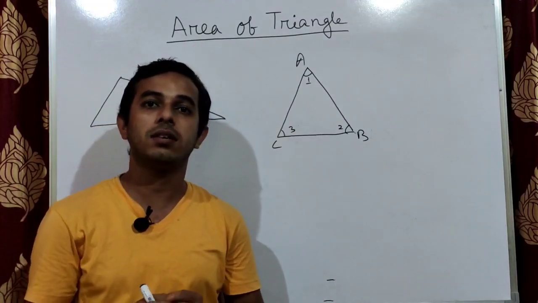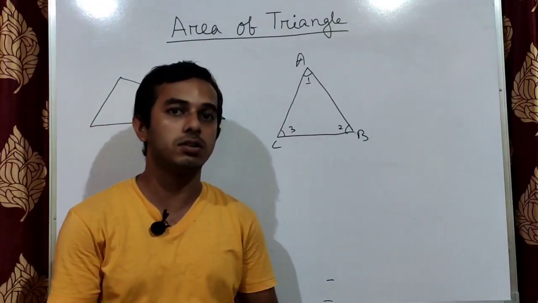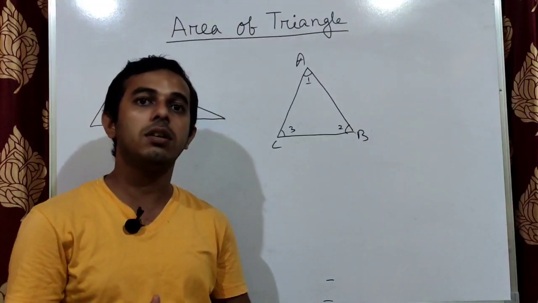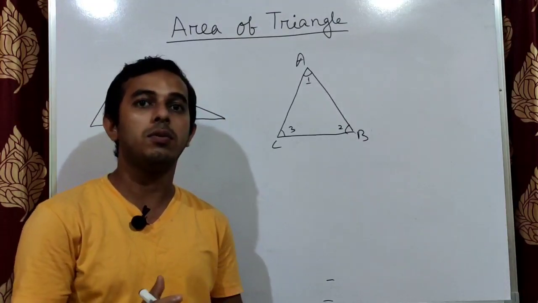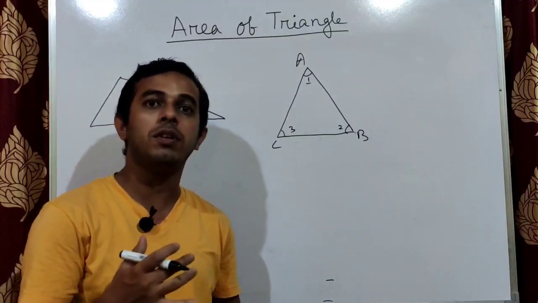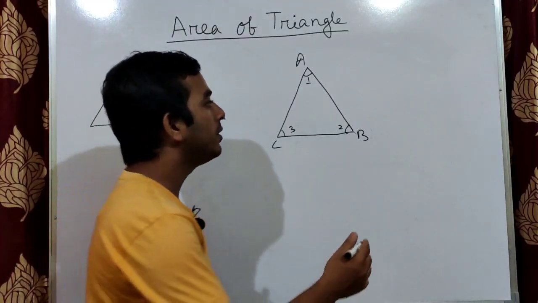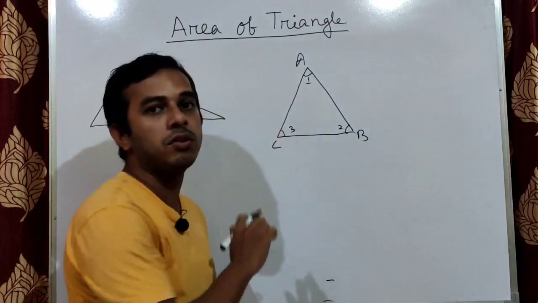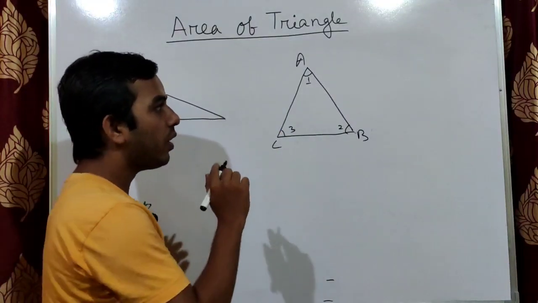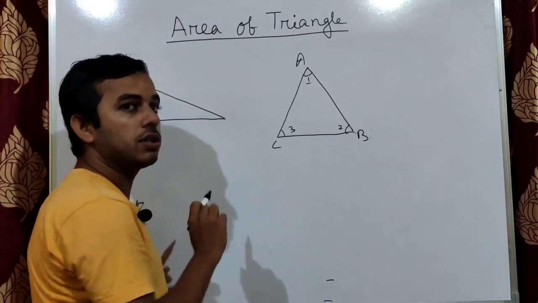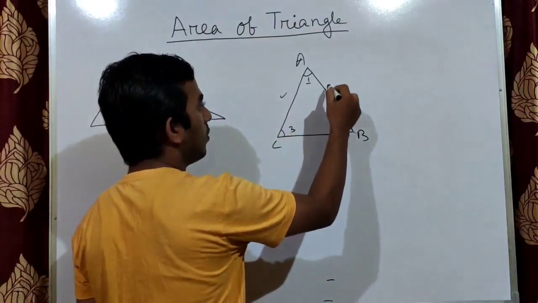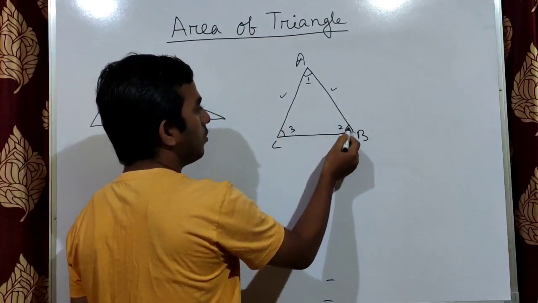In an equilateral triangle, all sides are equal and all angles are also equal. In an isosceles triangle, two sides are equal, and the angles opposite the equal sides are also equal. Suppose this is an isosceles triangle. This side is equal to this side, so these two angles will be equal.